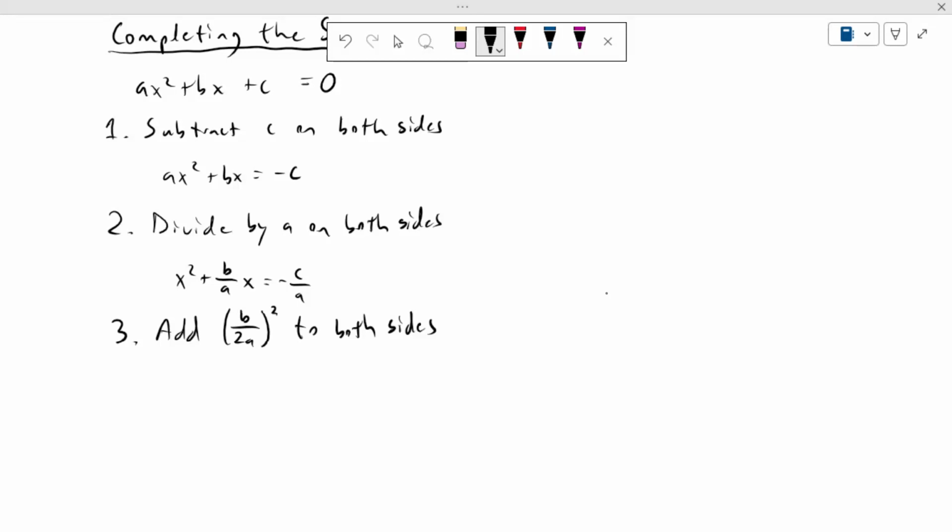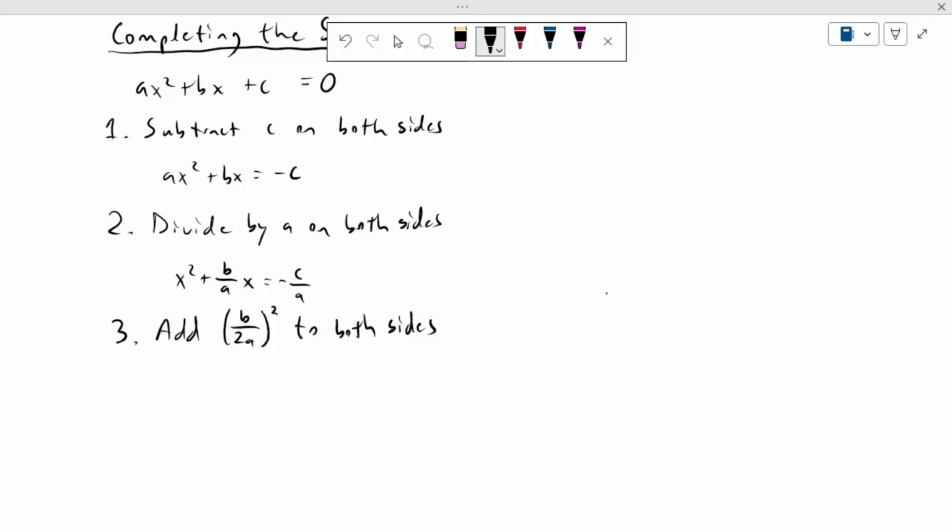Now remember, you already know a, b, and c because it's given to you in the problem, right? We give you the quadratic equation. So you know your value of a, b, and c from the start of the problem. So we could plug in b and a over here, we could compute what that is, and now we could take that quantity and square it. So we're just adding a number to both sides that we know how to compute.